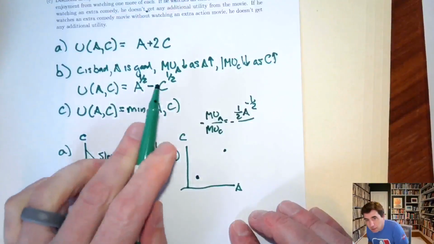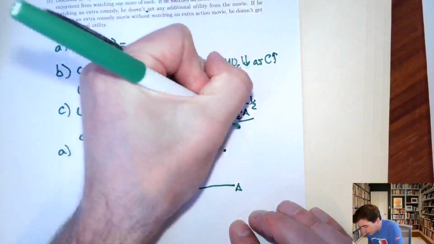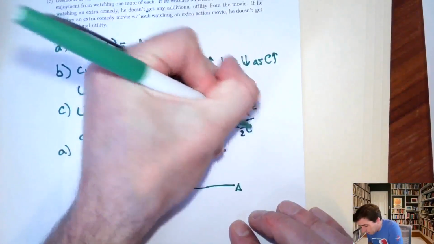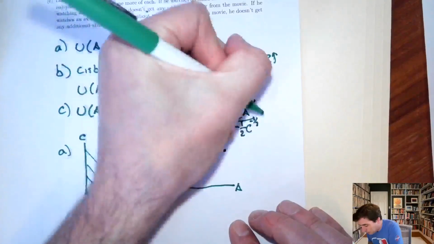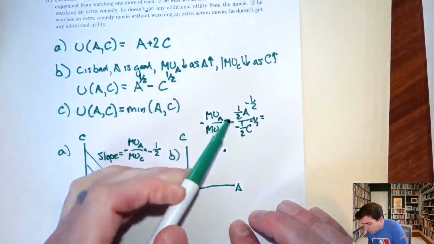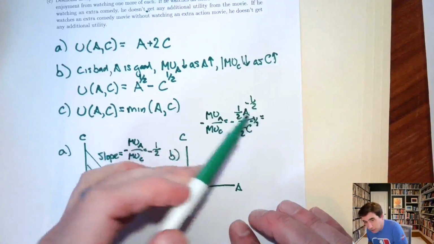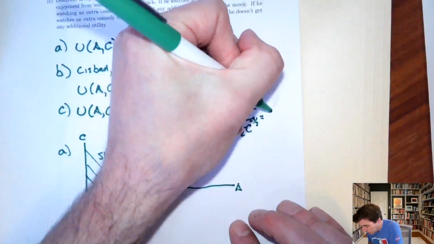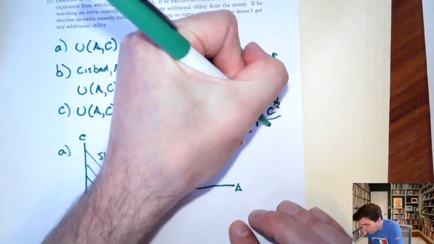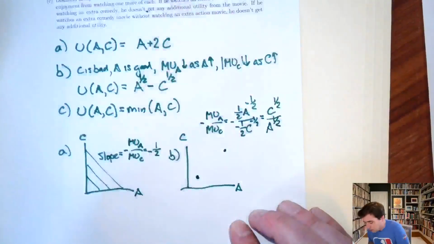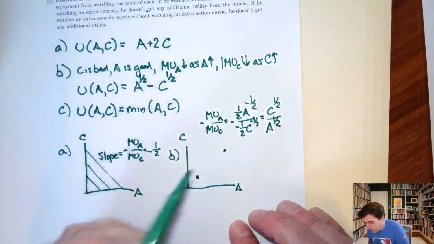Marginal utility of C is going to be minus 1/2 C to the minus 1/2. So my minus signs are going to cancel out, my 1/2s are going to cancel out, and I can get rid of those negative exponents by flipping things, and that's going to be C to the 1/2 over A to the 1/2. Okay, why did I do that?